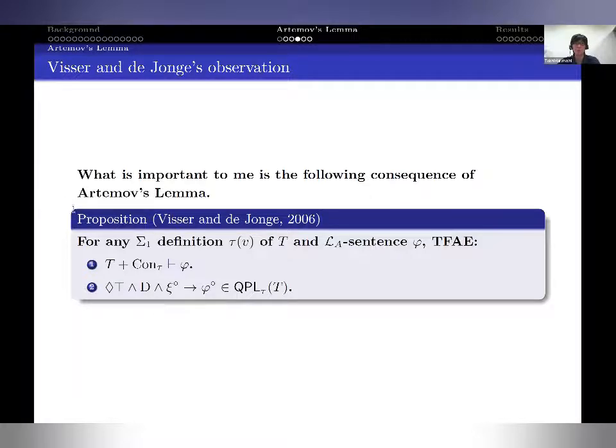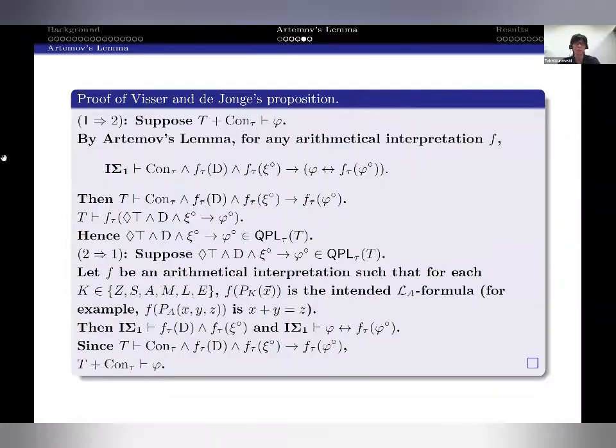They proved this proposition by using Artemov's lemma. So I give a proof of this proposition. Okay. Suppose the theory T plus con tau proves phi. By Artemov's lemma, for any arithmetical interpretation F, I sigma 1 proves this sentence.